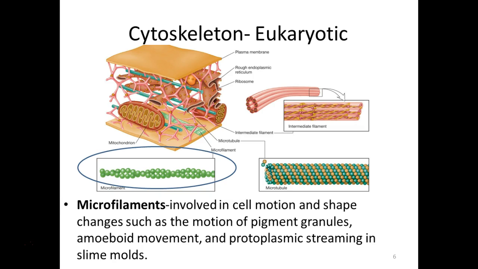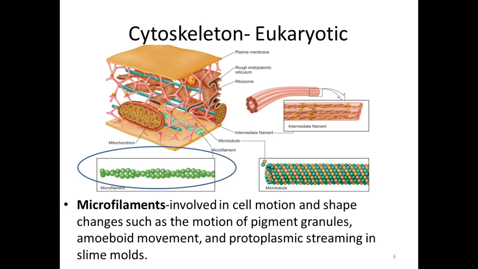And then movement even within the cell. Pigments sometimes you'll see moving around in a cell. This is because of the microfilaments pushing and pulling them around. So, as I said, in amoeboid ones, that movement is because of these microfilaments within the cell. In slime molds, you can really see this movement.